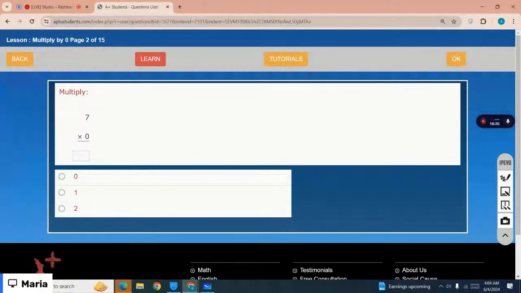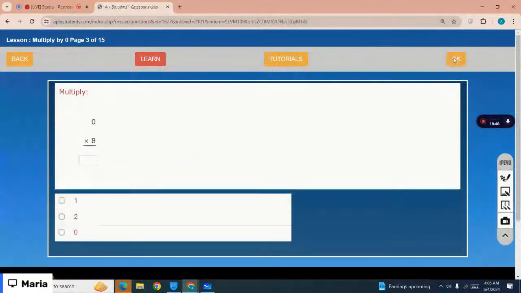Okay, 7 times 0, which is the correct option? 7 times 0 is again 0, right? 0 times 8, which is the correct option? 0 times 8 is 0. The correct option is 0.